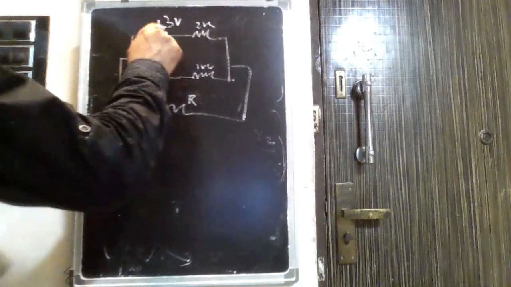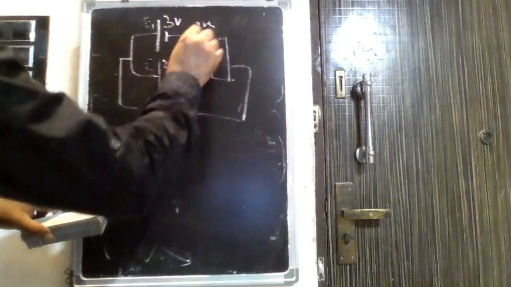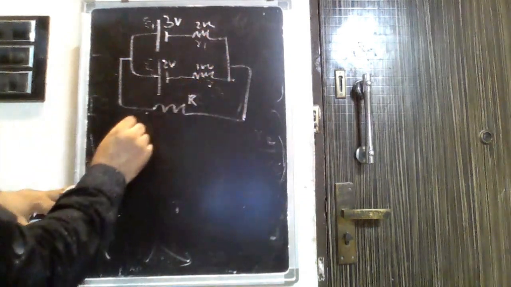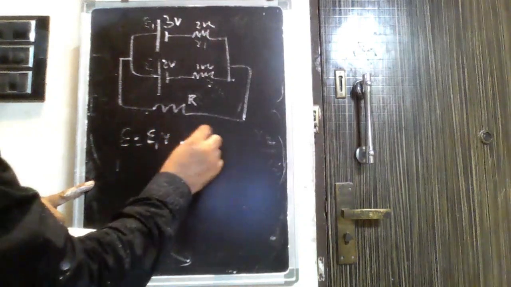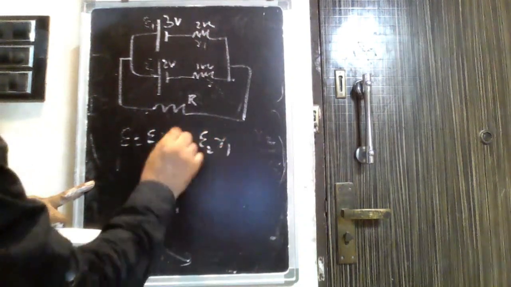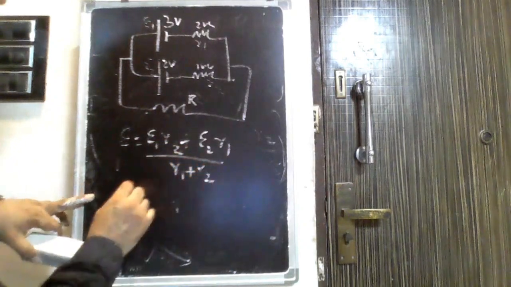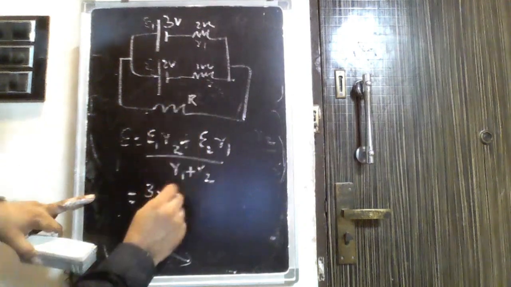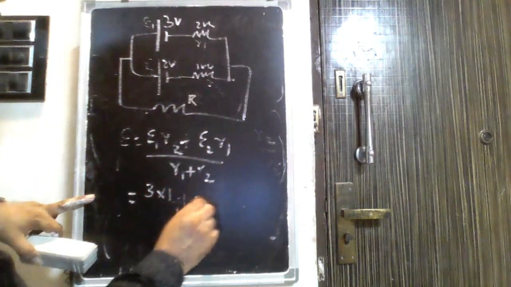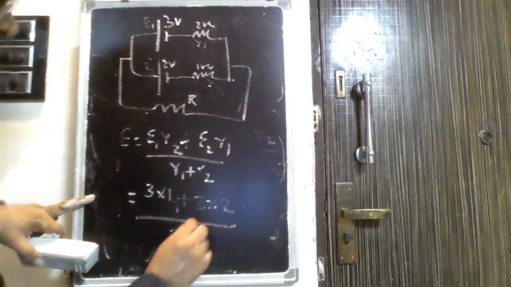So what I do, this is E1, this is E2, this is R1, this is R2. I use the formula now. Total EMF will be (E1 R2 plus E2 R1) upon (R1 plus R2). So E1 is 3, R2 is 1, plus E2 is 2, R1 is 2, upon 2 plus 1.